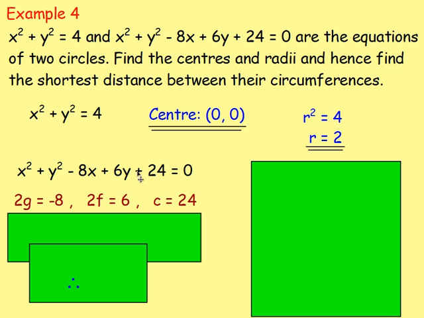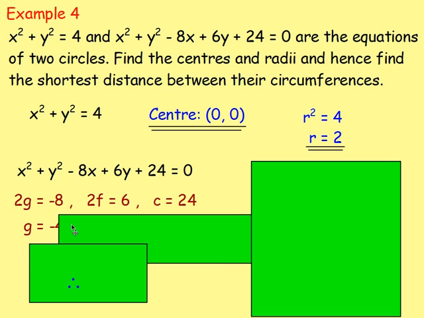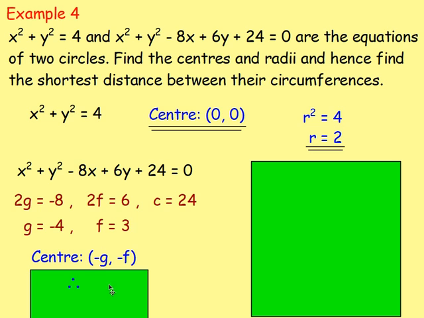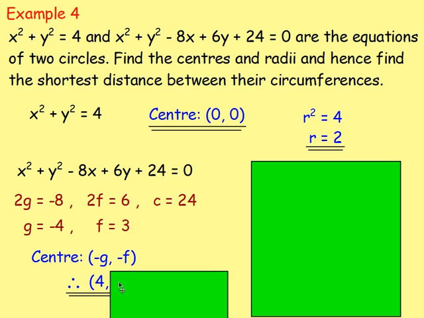And c, the number on its own, is 24. Halving 2g and 2f, g is -4, f is 3, and c would be 24. From there, the centre is given by -g, -f, so you'd have -(-4), which is +4, and -3. That is the centre of that circle.